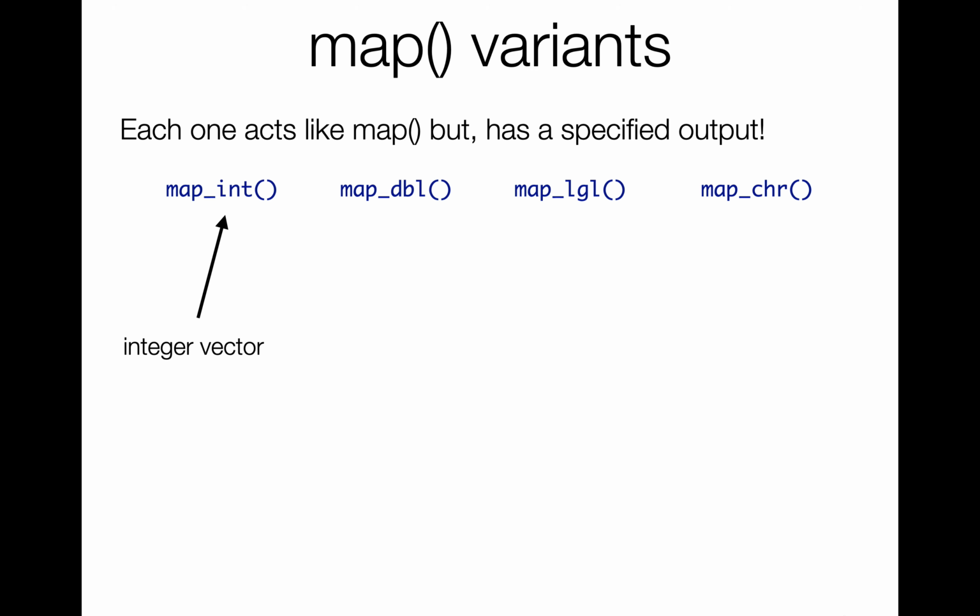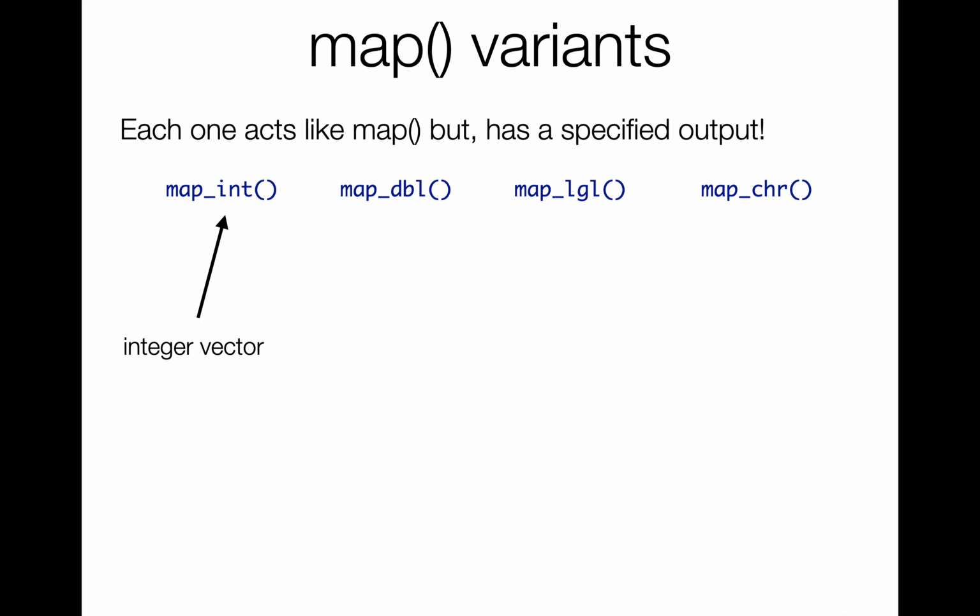That's nice to use because you know the output format already, and it might be a little bit faster than map, and it's going to yell at you when things go wrong. A nice thing in programming is that you want to write code that will tell you when it's wrong.